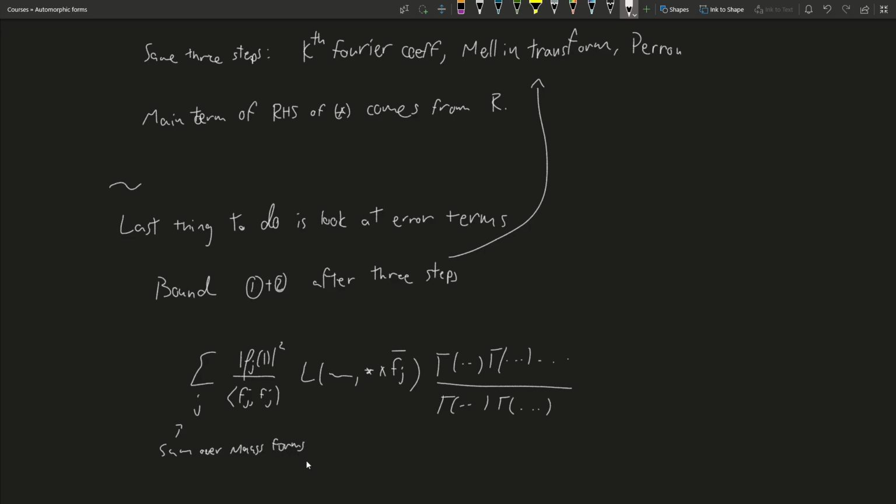And the way that this goes is using what's called a spectral large sieve. And it's quite technical.